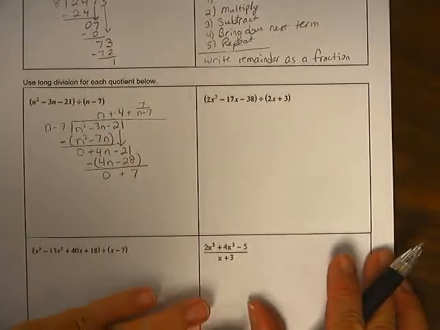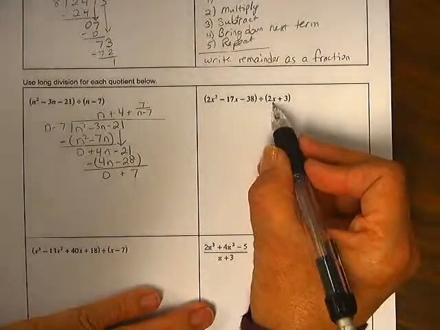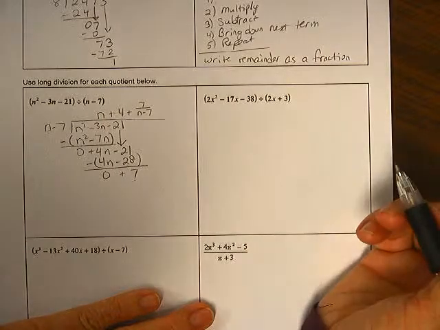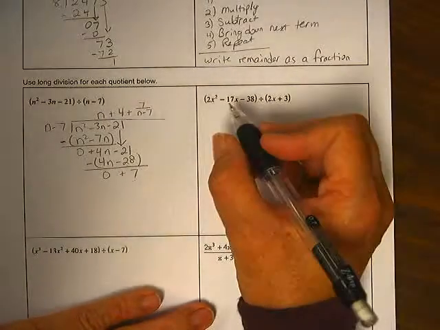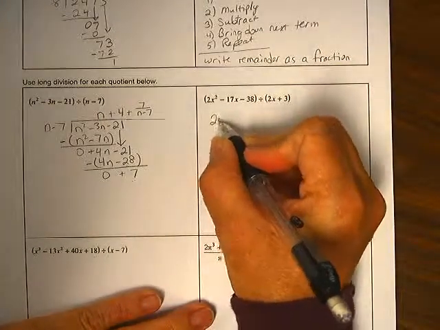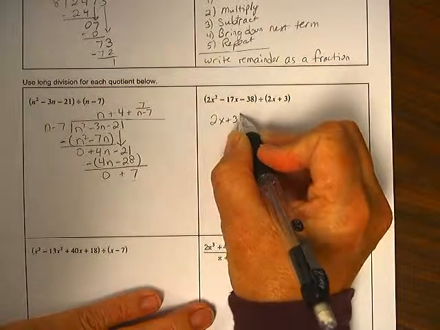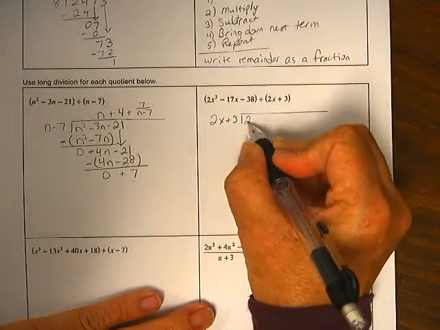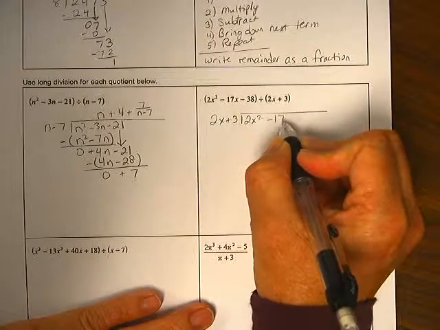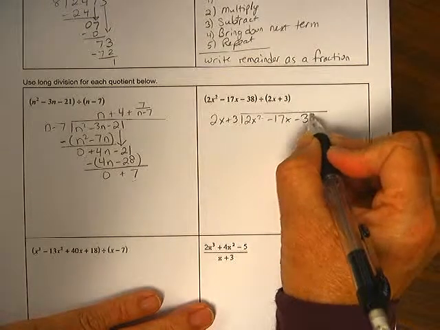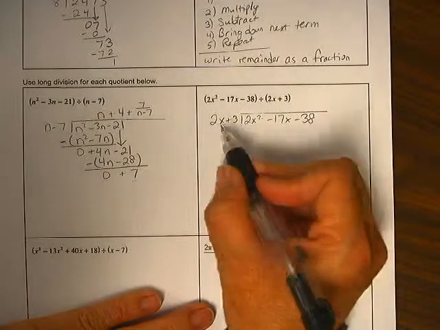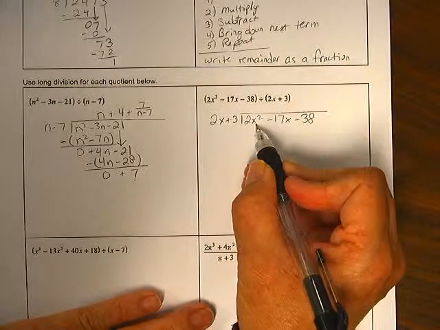Okay, let's take a look at another one. Notice on this one, we are dividing by something other than just a single x. So we've got 2x plus 3. We want to see how many times that goes into 2x squared minus 17x minus 38. And again, we always look at our first term and our first term.